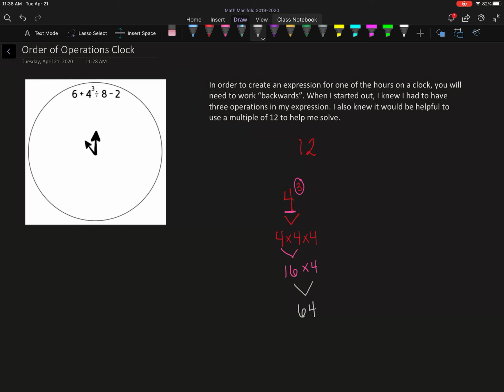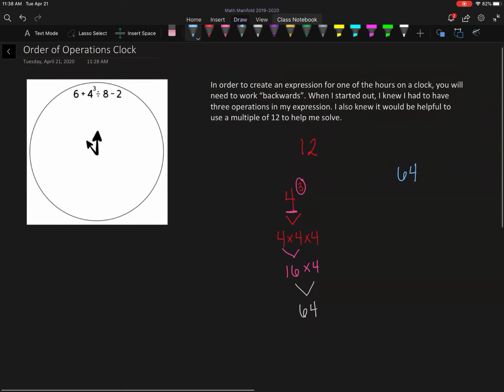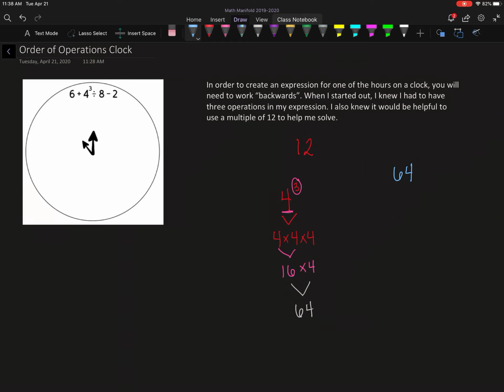So I then rewrote my expression with 64 in it, and then I went from there and said, okay, I know I want to have either a multiplication or division, and because 12 is smaller than 64, I want to be able to divide. So this is where I had it divided by 8, which when we do 64 divided by 8, we get 8.